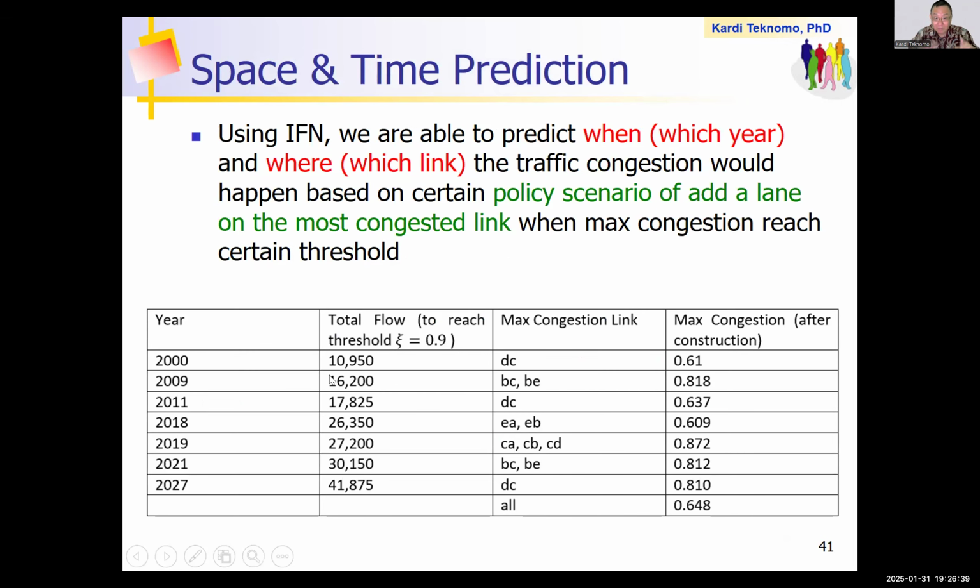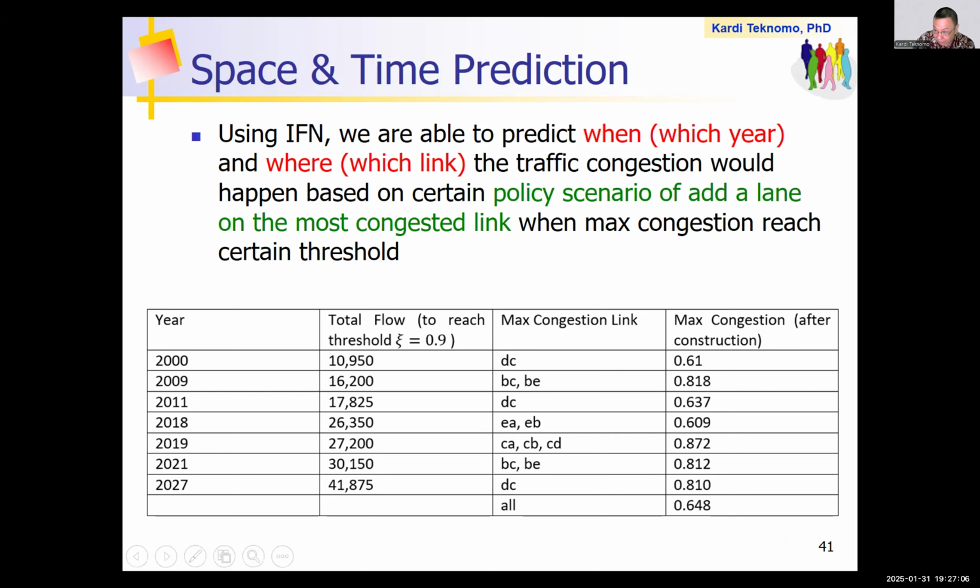Then you can predict the overall long-term prediction. And every time, the link which is congested will change. Up to a certain point, all links will be congested. At this point, you will have what is called Wardrop equilibrium, where all links are already congested.